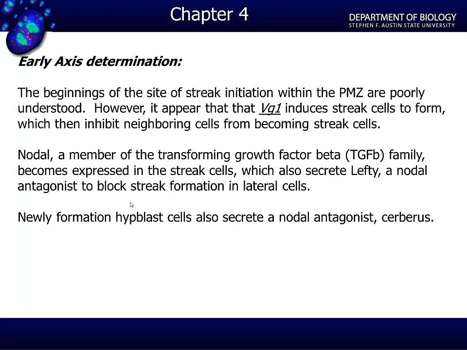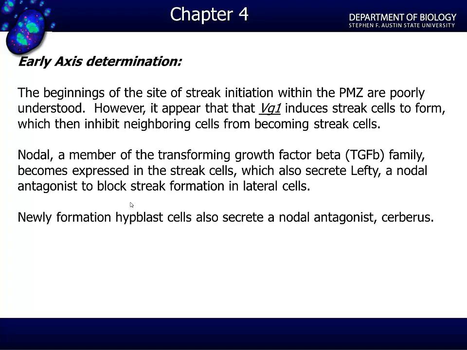We're also going to see that there is another growth factor family. This is called nodal, is the actual name of this gene. It's a member of the transforming growth factor beta, TGF beta family. And we're going to see that VG1 induces cells of the streak. Nodal is going to become expressed in the streak cells. And then the streak cells are going to express a blocker of nodal. It's an antagonist, and it's called lefty. And so VG1 is expressed in streak cells.